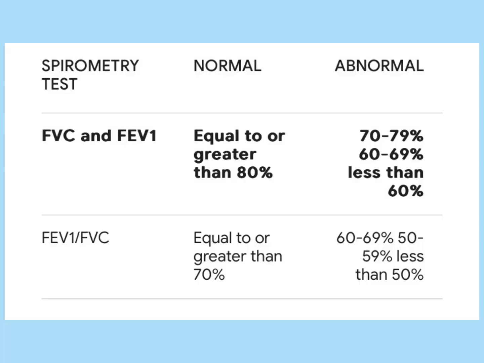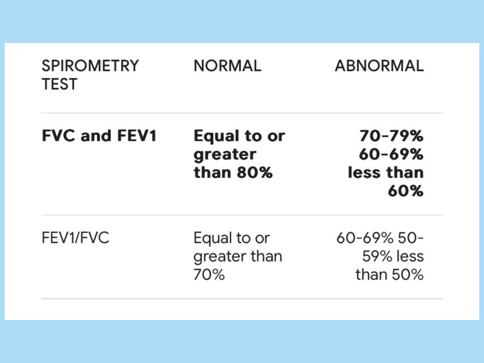The Global Initiative for Asthma, or GINA, defines asthma as symptoms plus an FEV1/FVC ratio less than 75 to 80%. When we look at the spirometry test, a normal FEV1/FVC ratio is equal to or greater than 70%. Abnormal is less than 70%.